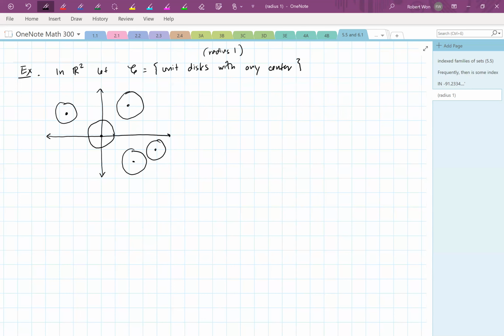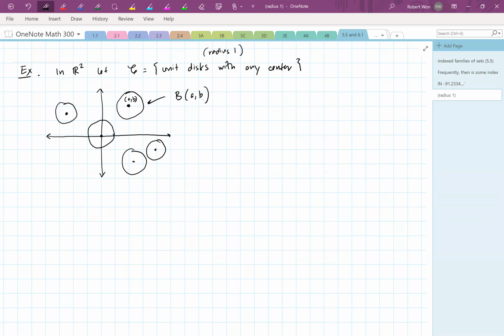So then I could take some index set. Let's actually give these things a name. Let's say that the disk centered at (a, b), let's call this thing B of (a, b), as in the ball centered at the point (a, b).